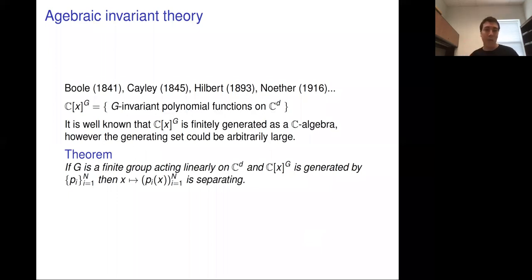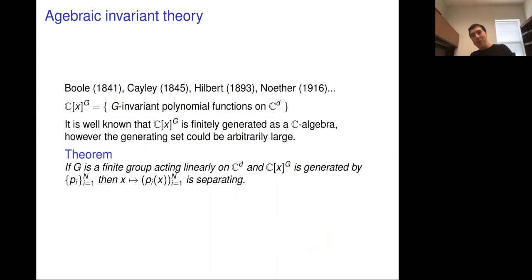So if I have a finite group, and this can hold for groups that are not finite also, but certainly is true for a finite group, then I can take this finite number of polynomials that generate this thing and produce a map that separates the orbits of this action.